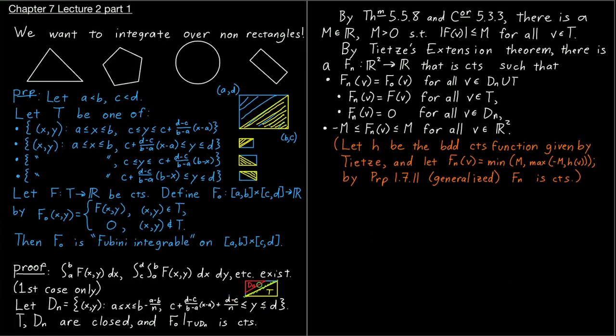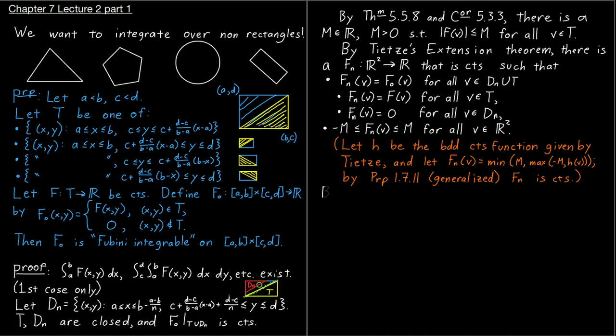And so Tietze's extension theorem is giving us a nice continuous function that's 0 on our little upper left triangle and is the function we started with on our lower right triangle. It's not too hard to write down a formula for a function Fn that satisfies these properties, but we did do Tietze's extension theorem. We put a lot of work into it, so we might as well use it now. It makes this proof much simpler.